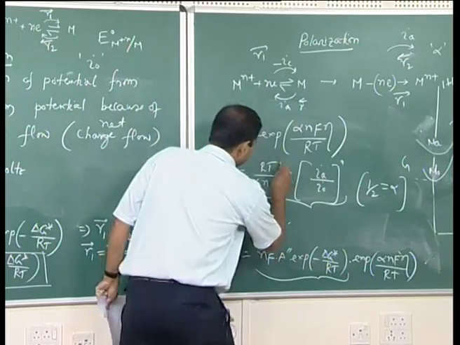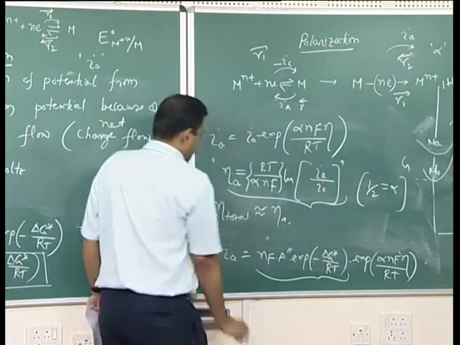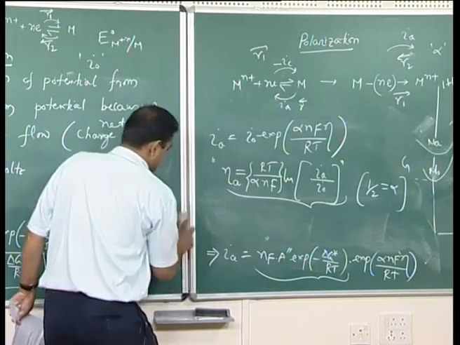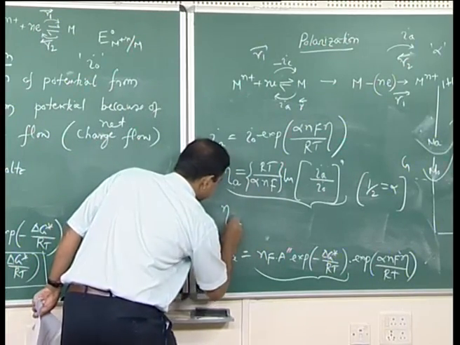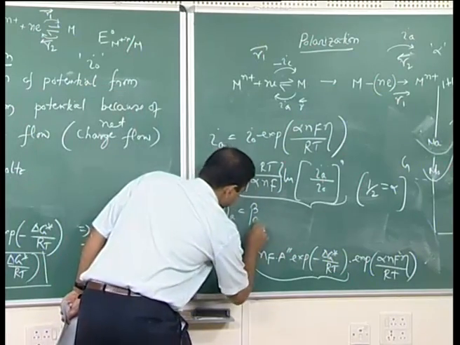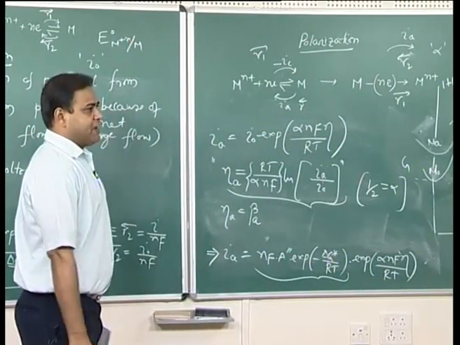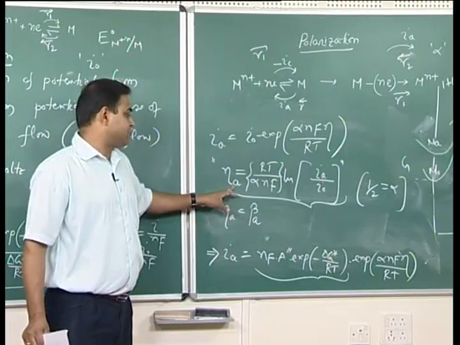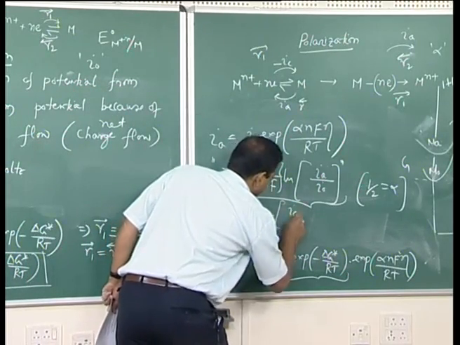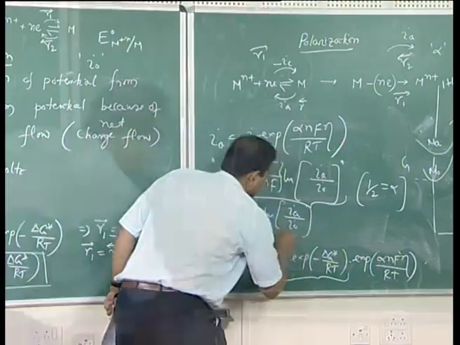So, this term we put in terms of beta. In that case I can write beta A, because I am considering the anodic process, ln I A by I 0.